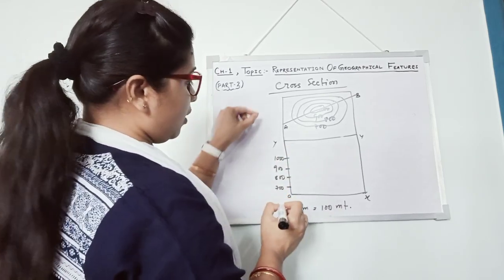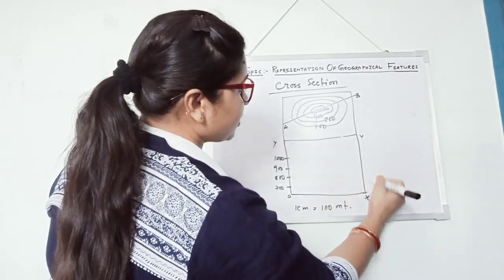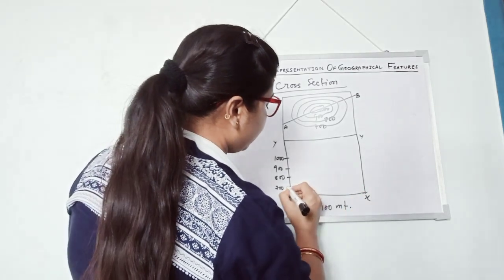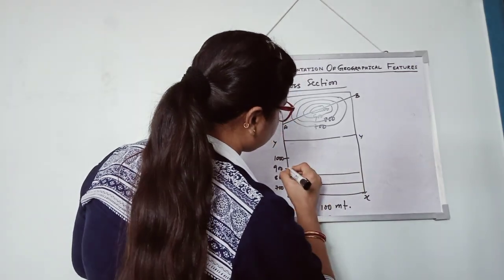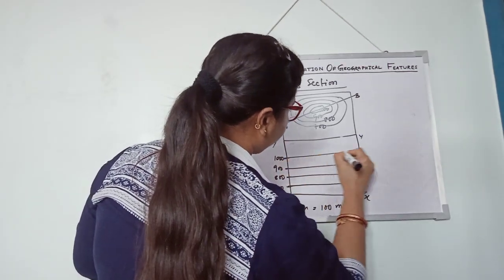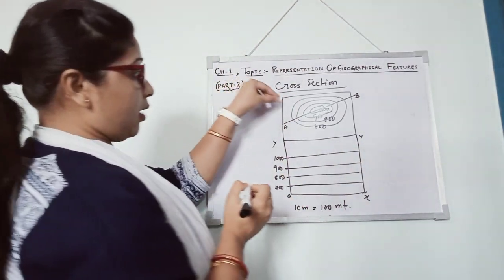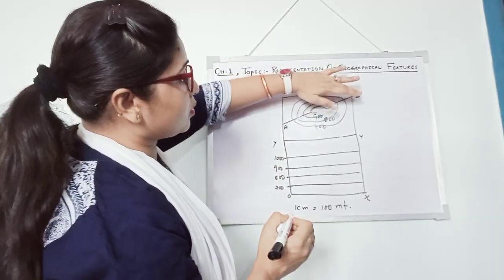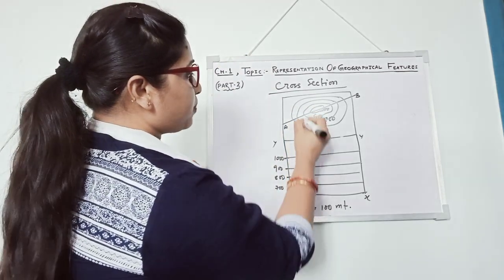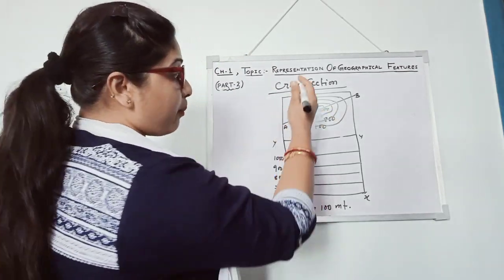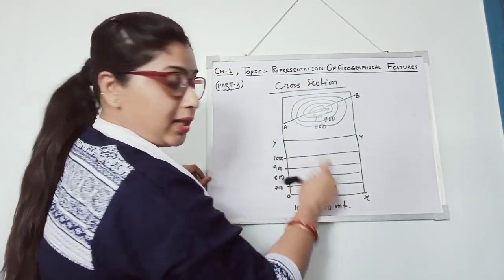Clear? Now on the other side, the right hand side axis also, you just draw parallel lines here. Clear? Now according to these, you have to put this cross section line's points perpendicularly over these lines.